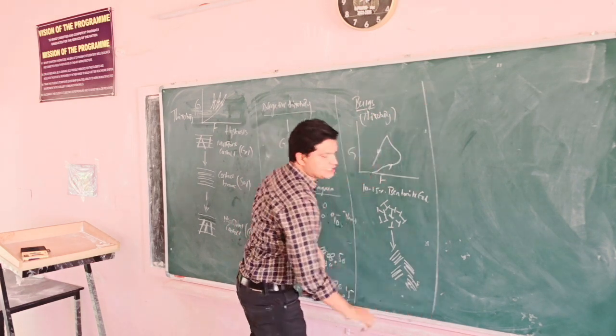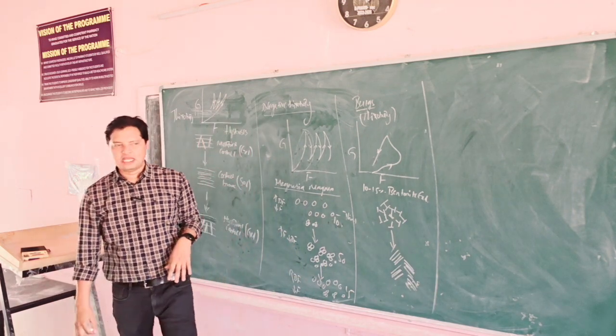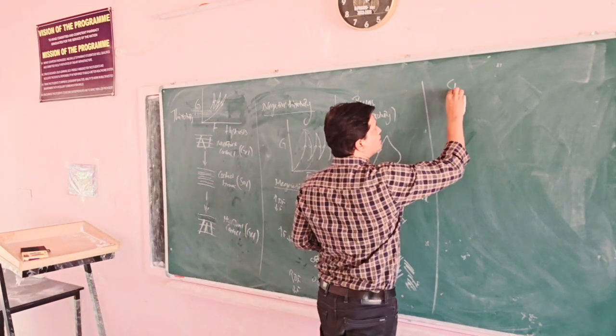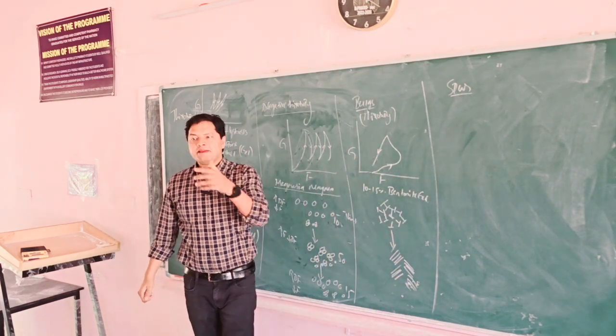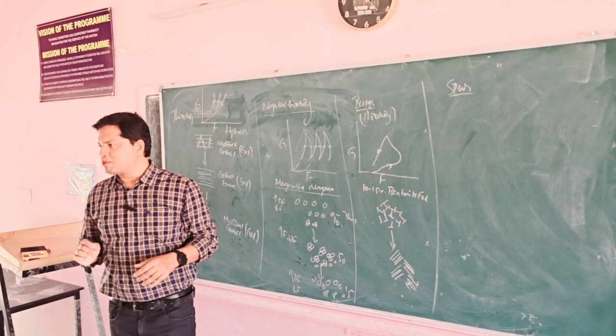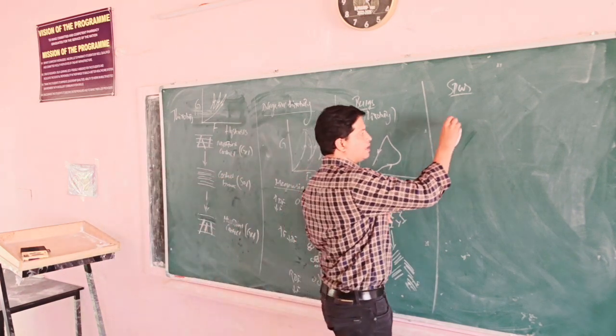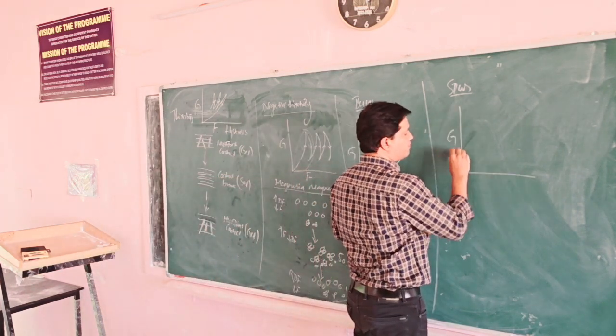Important GPAT question: is bulge a thixotropy? Yes. Then we have spur. The name is given because we have a spur-like projection in the rheogram.